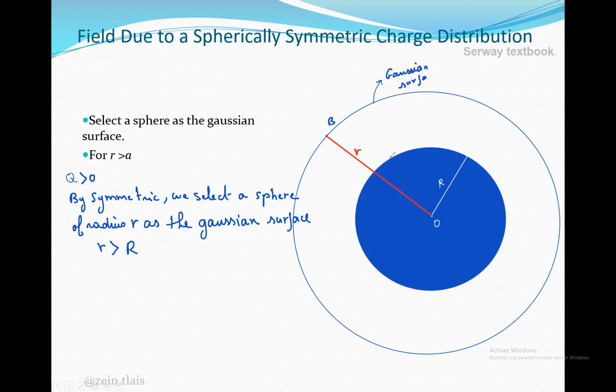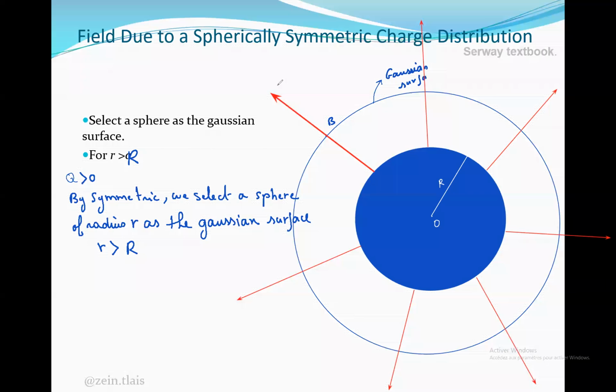As you see in this case, small r is greater than the capital R. Here we have a positive charge, so the field created by the sphere is outward. We can draw E.